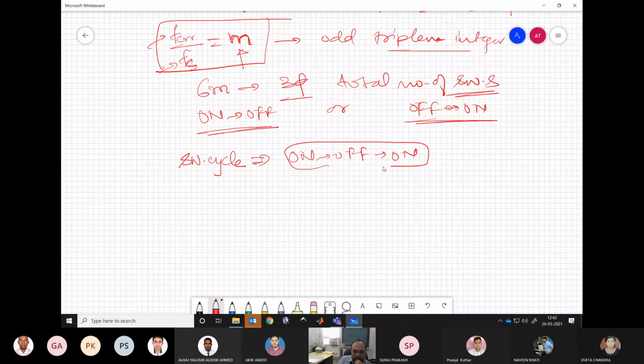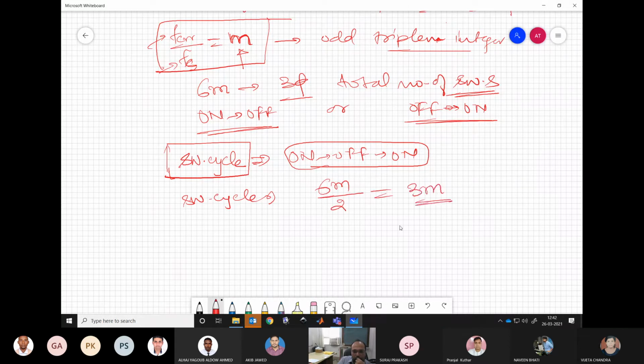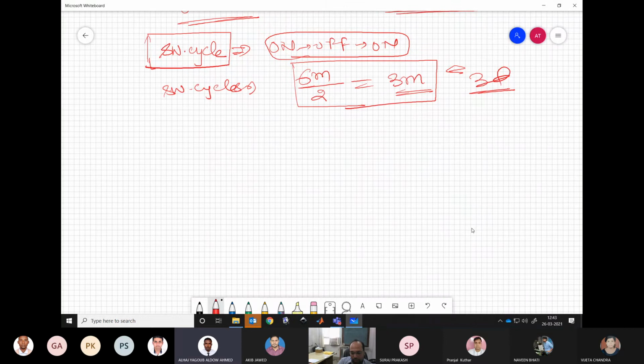Both transitions are there. Then we call that a switching cycle. So then how many switching cycles would be there? 6m divided by 2, isn't it? Yes, sir. 6m switchings are happening, so 6m by 2 switching cycles would be there in all 3 phases. So per phase, how much will it come? 1.